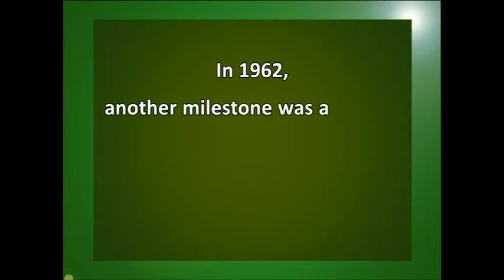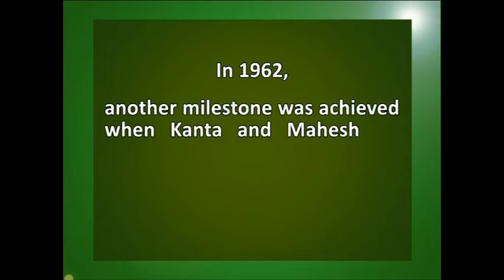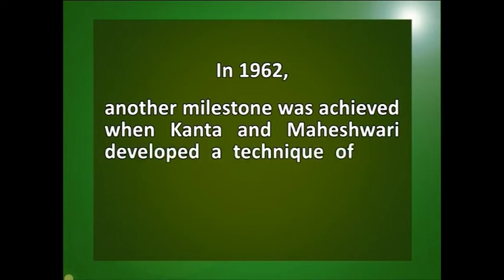In 1962, another milestone was achieved when Kanta and Maheshwari developed a technique of test tube fertilization. Further, the objective of development of whole plant from the proliferated tissue of cells was first achieved by Wetherell and Halperin in 1965 by regenerating plantlets from colonies of isolated hybrid cells after a cross between Nicotiana glutinosa and Nicotiana tabacum.